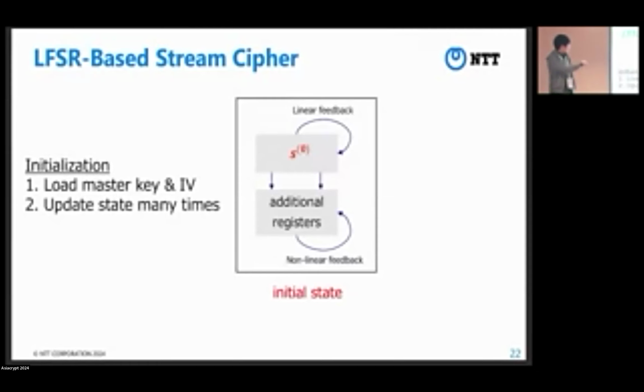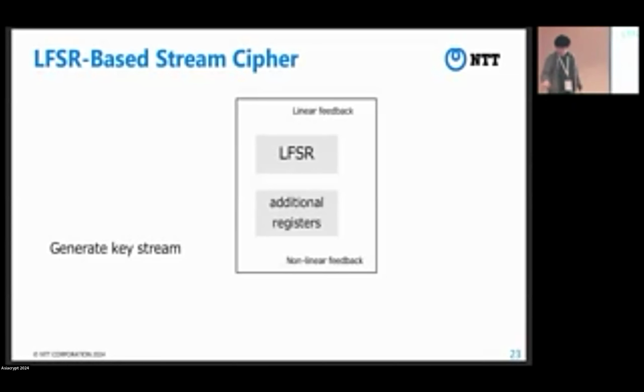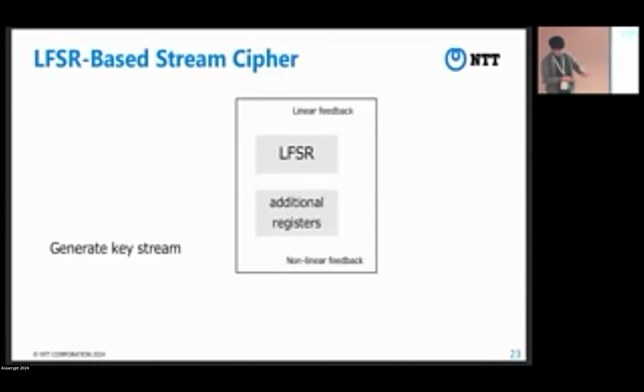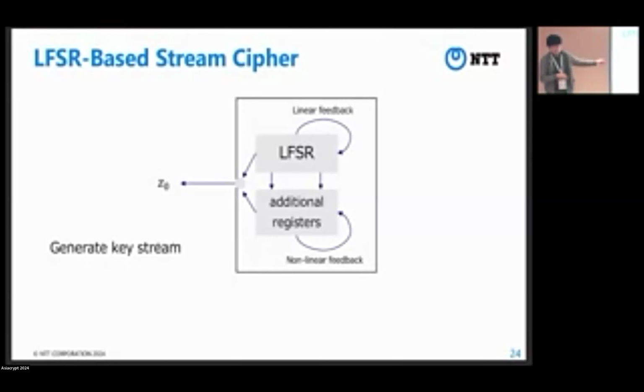So the initial state of the LFSR is S0. And after the initialization, it generates a very long key stream. It first outputs a key stream bit Z0 and updates the internal state again.